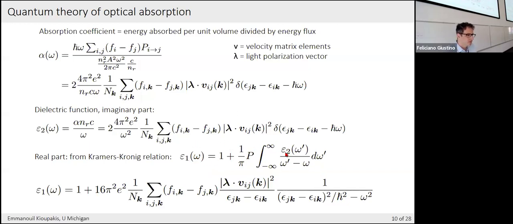So if I know the imaginary epsilon2 for all frequencies, the important part is all frequencies, I can perform this integral and I will find epsilon1 for a given frequency, right? And so if we have a broad spectrum, we can integrate and find the real part. And here's the equation. Once you apply the Kramers-Kronig to the equation you see here for epsilon2, you find the equation for the real part, the epsilon1. And from that, you can then go on to find the refractive index and everything.